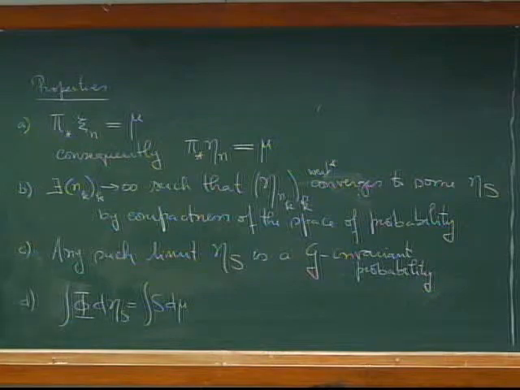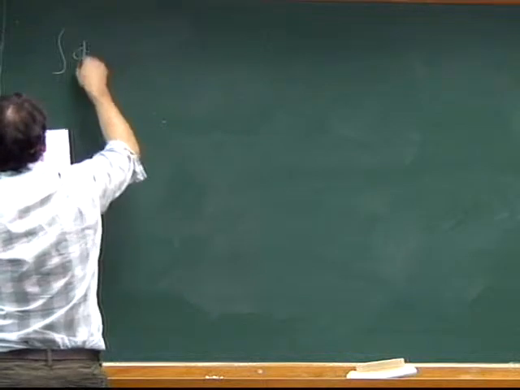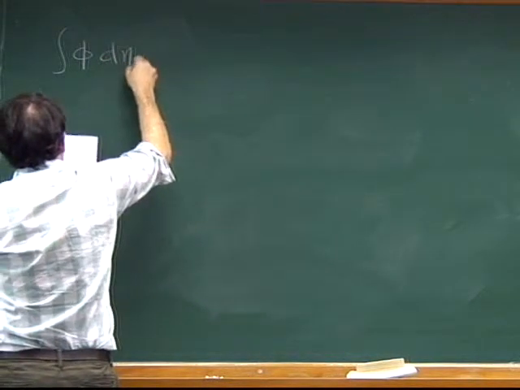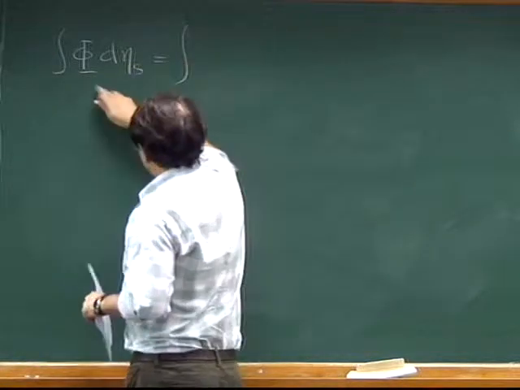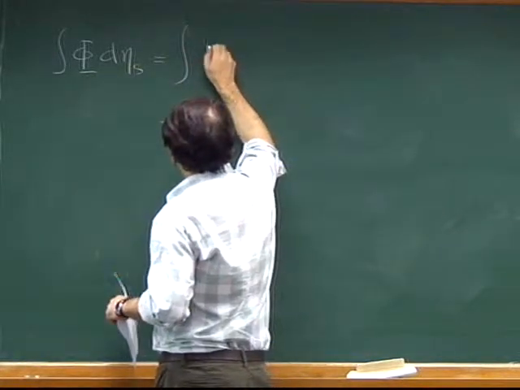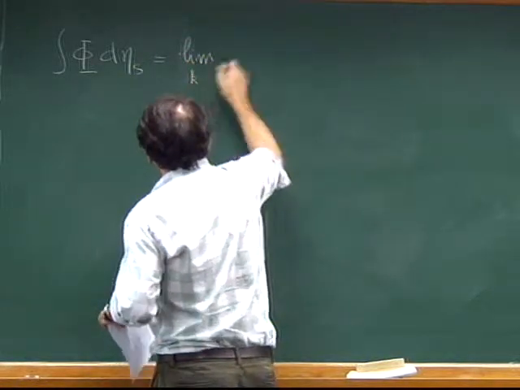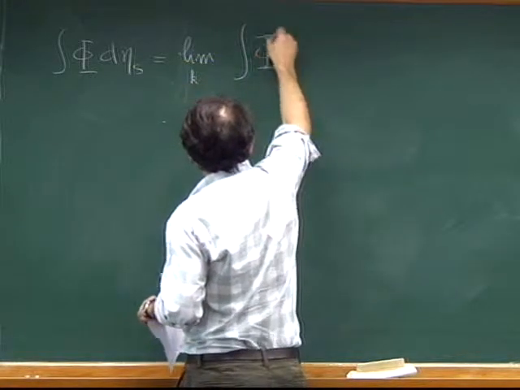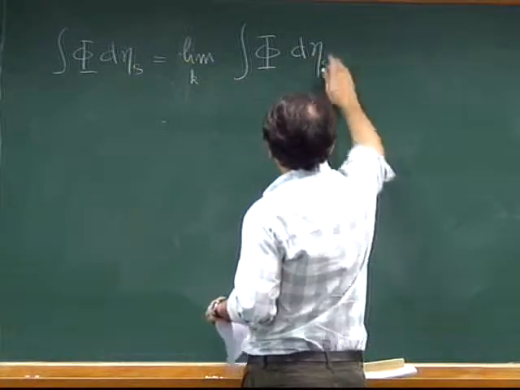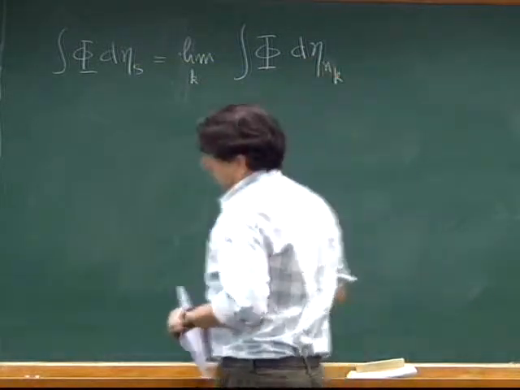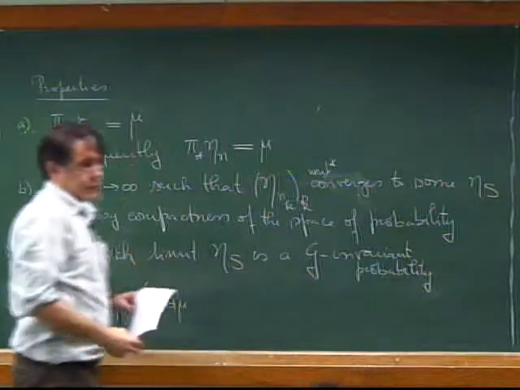Maybe I'll let me prove this. So the integral of phi d eta s. So why is this true? Well, this is the limit when k goes to infinity of the integral of phi d eta nk, right? Because eta nk converges to eta s, in the weak star topology.